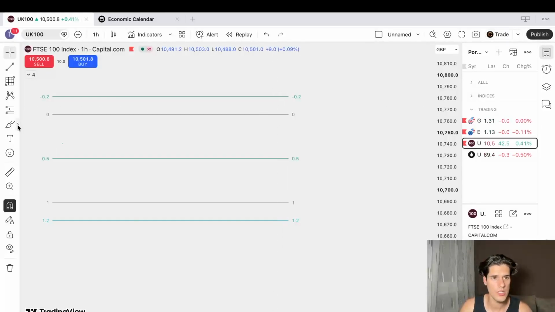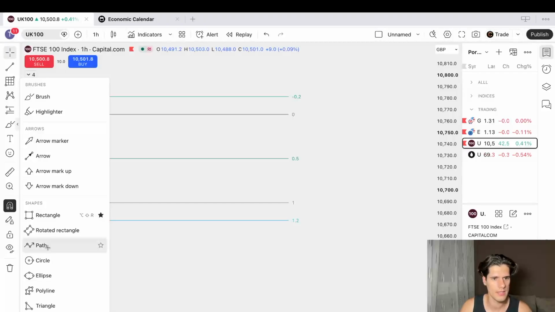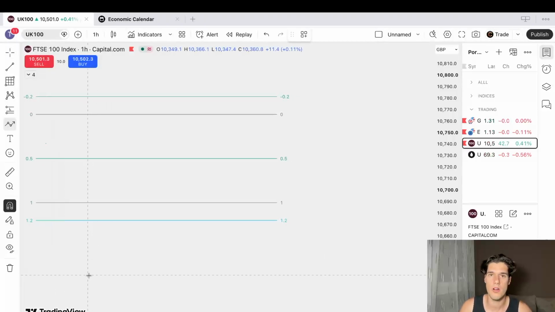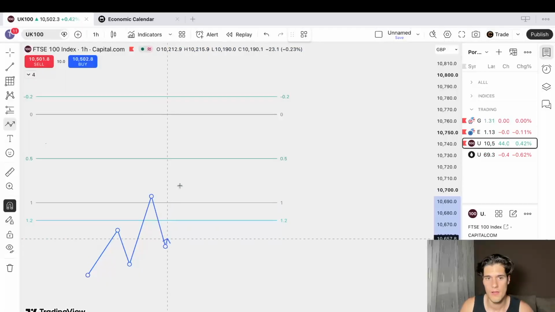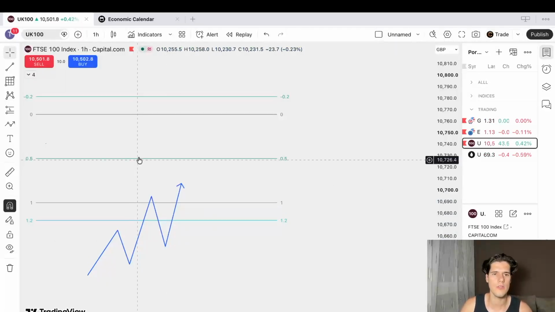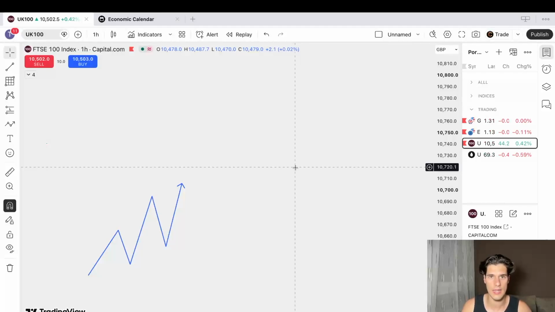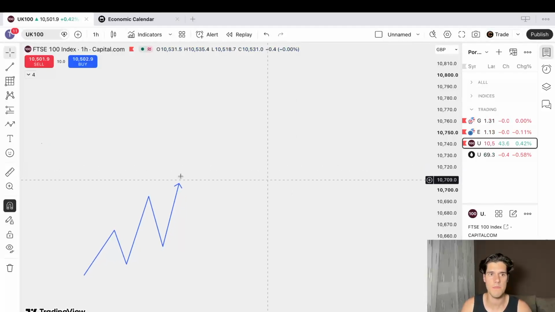I will use the path. So when you see the market, for example, is in an uptrend, that means it's going with higher highs and higher lows. In this case, you just need to find the low and the high, for example, the previous low and the previous high.